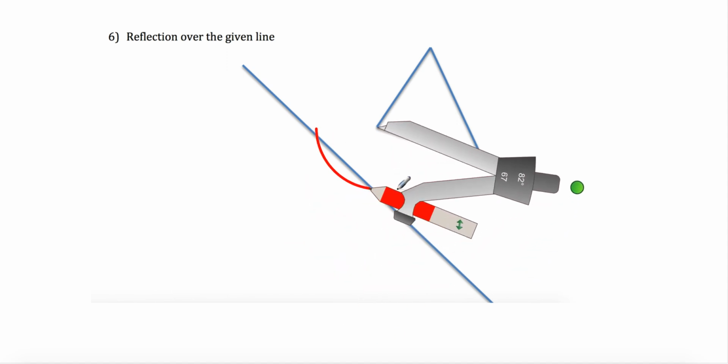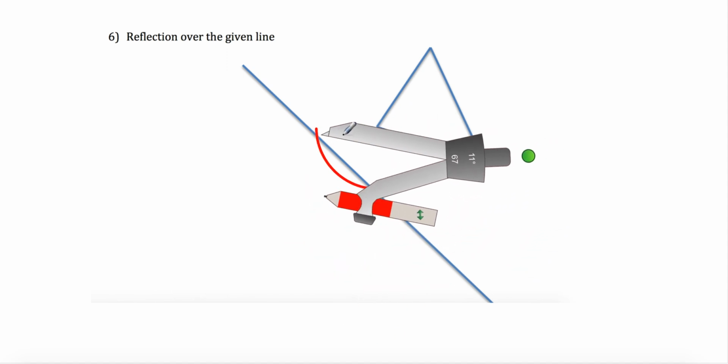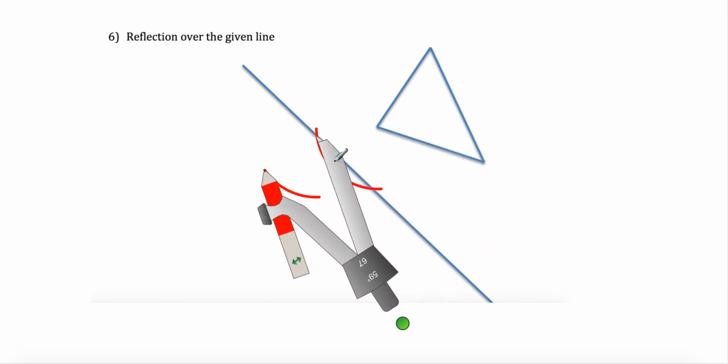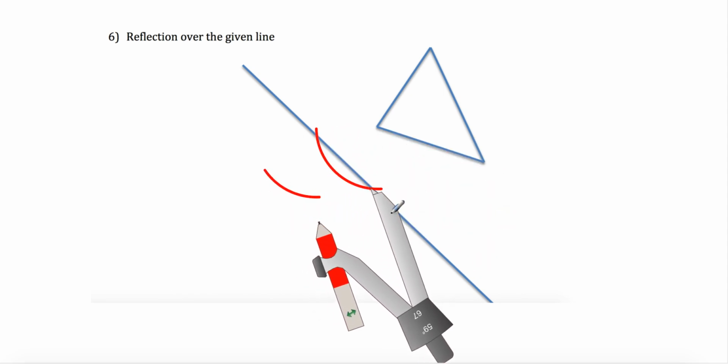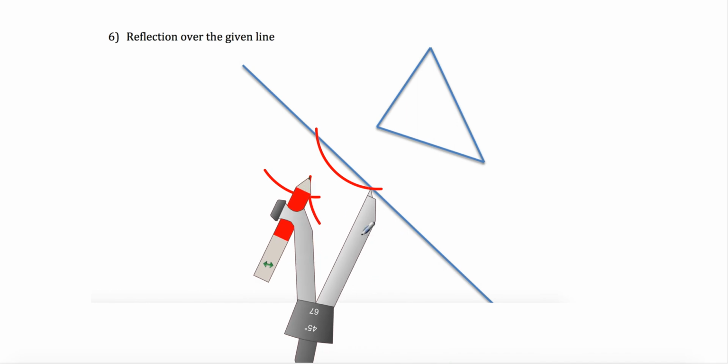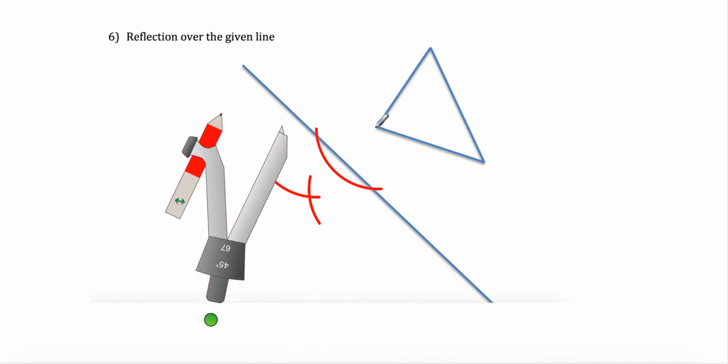Make sure it's over the line. And without changing it, I just have to go over here. So we just copy this point over to the other side. That's my first reflection.